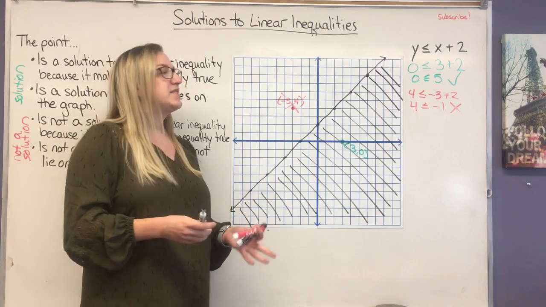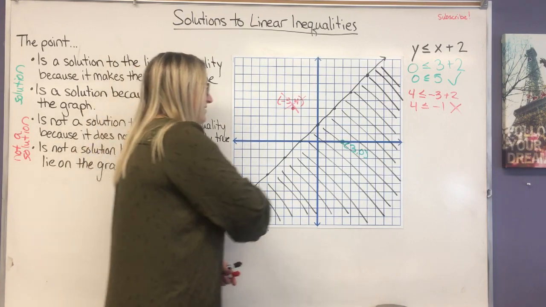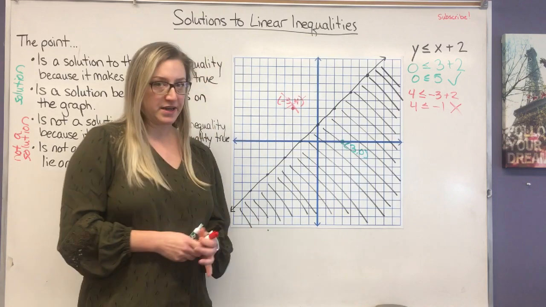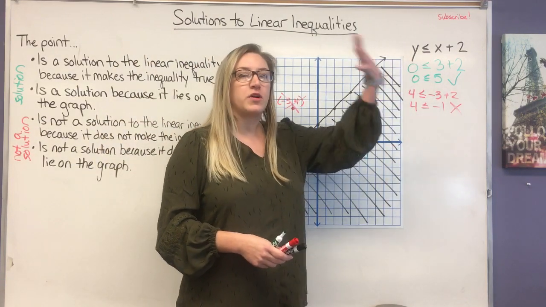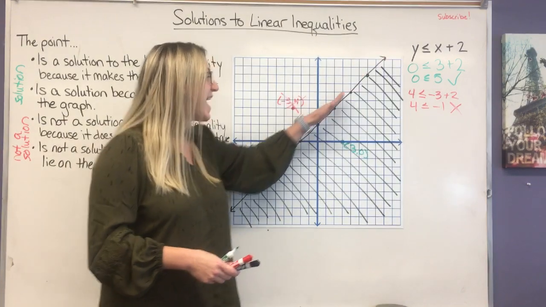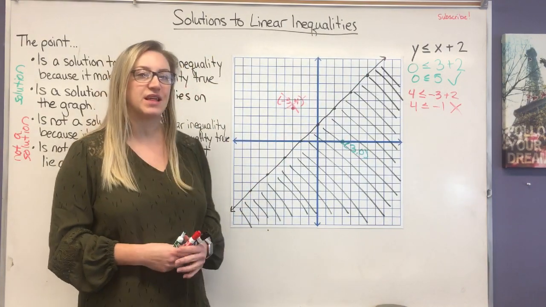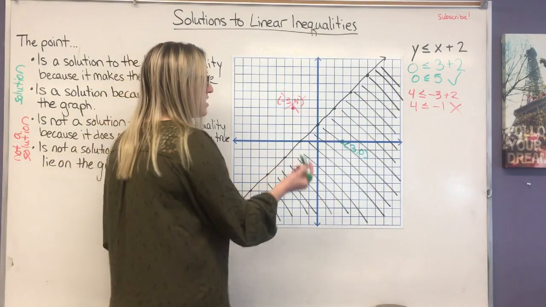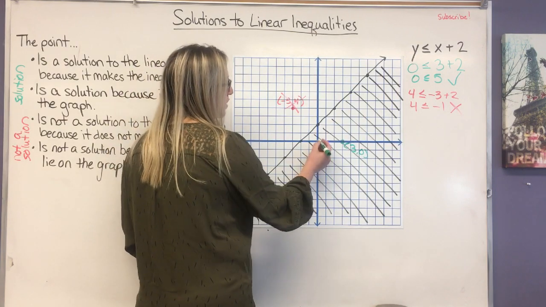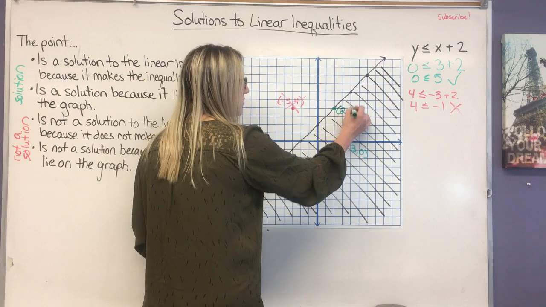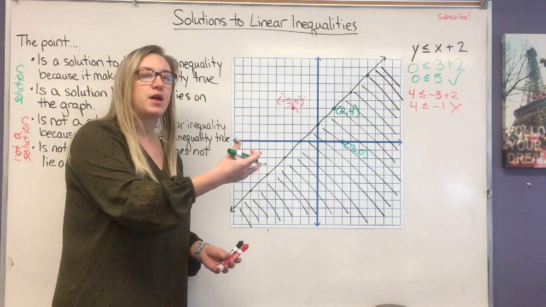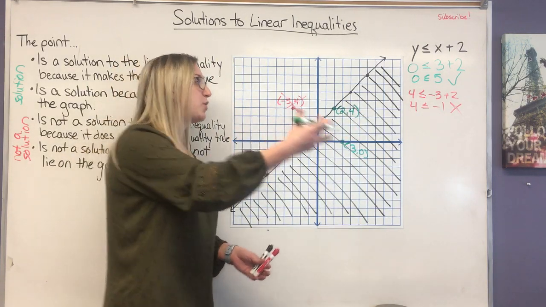So one last piece that we have to realize is this is a solid boundary line, okay? Our inequality symbol says less than or equal to, which means y can be equal to everything that lies on this line. So if I tried the point (2, 4), which lies on the boundary line here, I'm going to plug into the inequality and see what happens.